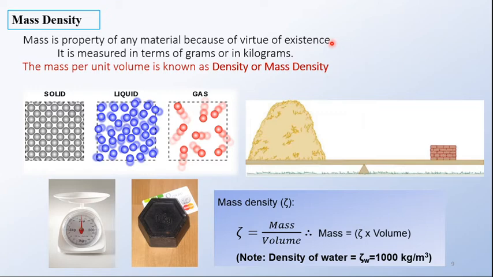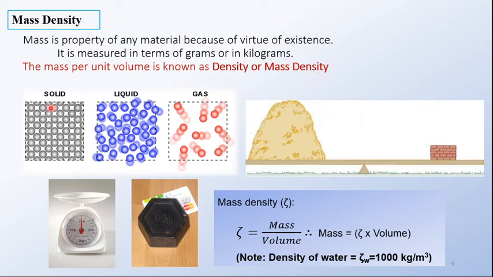It is not weight, it is not volume, it is not temperature, it is something that you cannot explain, just it is there, and it is known as mass. It is measured in terms of grams or in kilograms. The mass per unit volume is known as density or mass density.